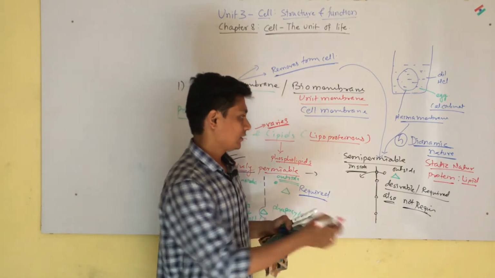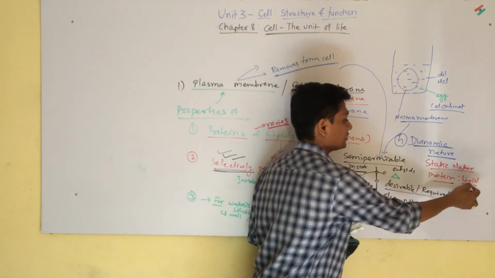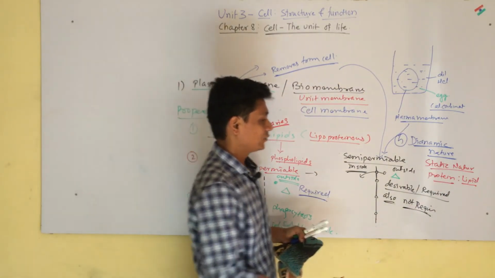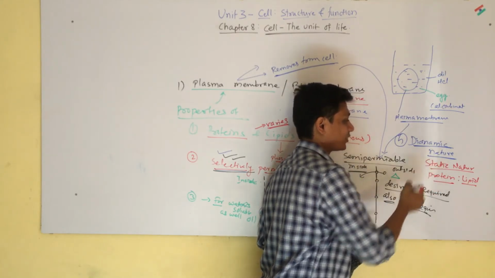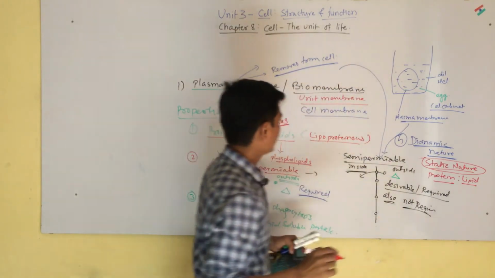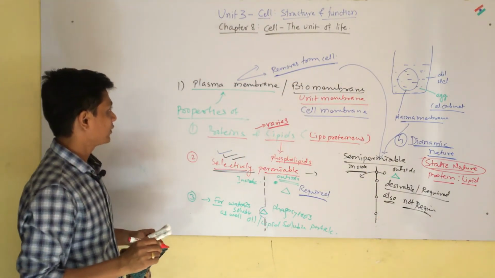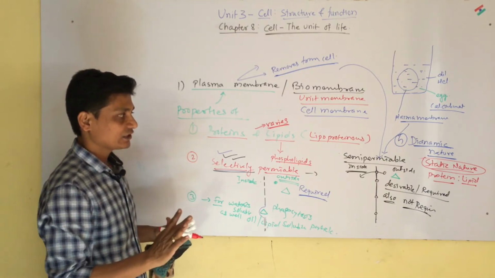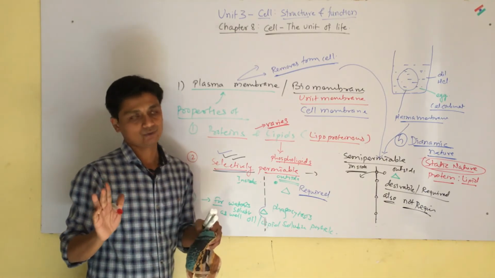Means the ratio of proteins to lipids is continuously changing. It is not stable or static in nature. So this is the fourth property of the plasma membrane, that is dynamic nature. It continuously changes the proteins to lipid ratio.